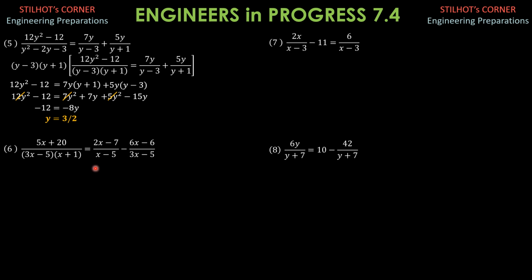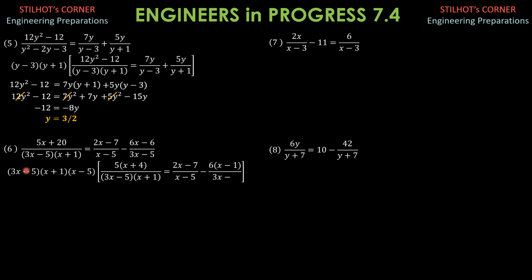Then here, the LCD would be 3x minus 5, x plus 1, and x minus 5. So multiply everything by 3x minus 5, x plus 1, and x minus 5. Then we distribute.